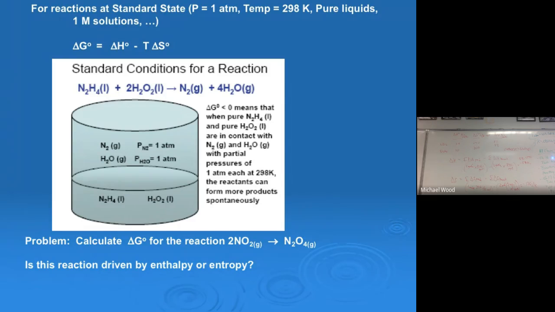Now, the whole point of the problem is to calculate delta G. Well, delta G is equal to delta H minus T times delta S. Now I've got delta H and I've got delta S, so I can plug everything in, but there's one problem before I plug in.